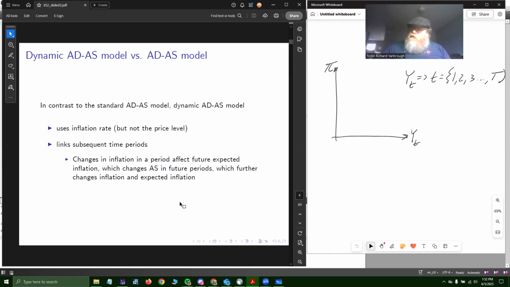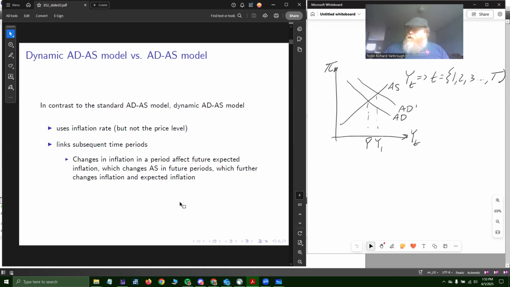So let's imagine for a moment we have a general aggregate demand function and a general aggregate supply function. And then let's say for some particular reason that we have a positive output gap, right? So let's just imagine this is full output. And then, let's say, an aggregate demand boost puts us at an output gap.